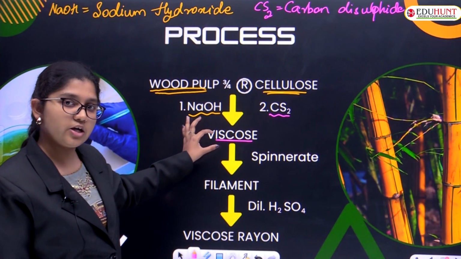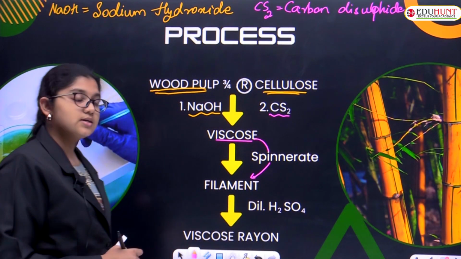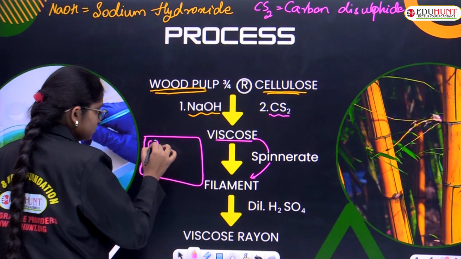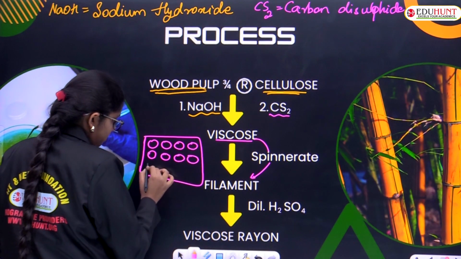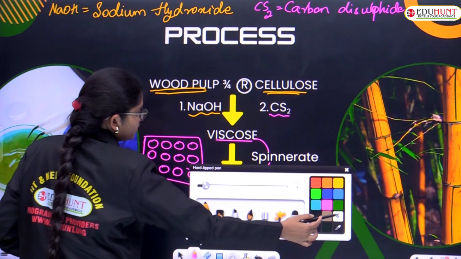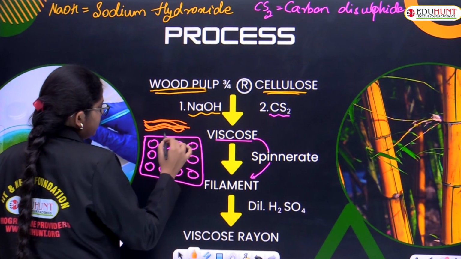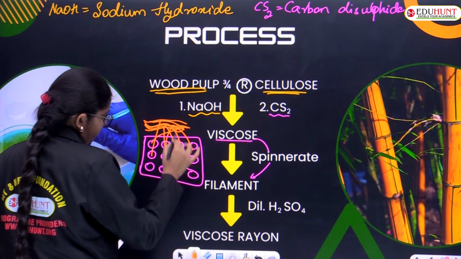So, that viscose fiber undergoes processing with a spinneret. What is a spinneret? A spinneret is a machine, children. It contains some holes through which the fibers are extruded to become a single thread. For example, these are viscose fibers, and they go through each hole one by one.